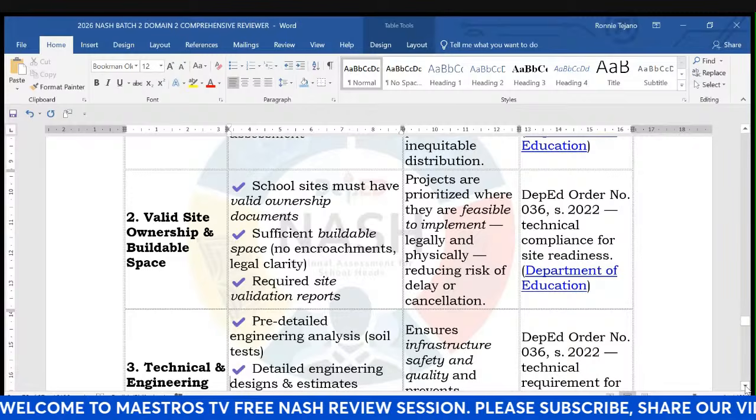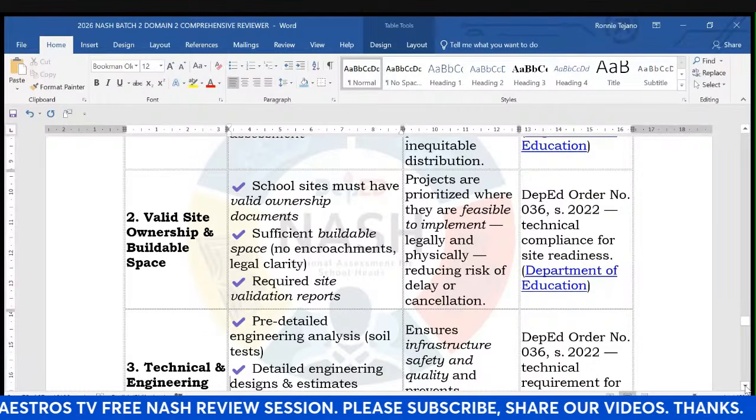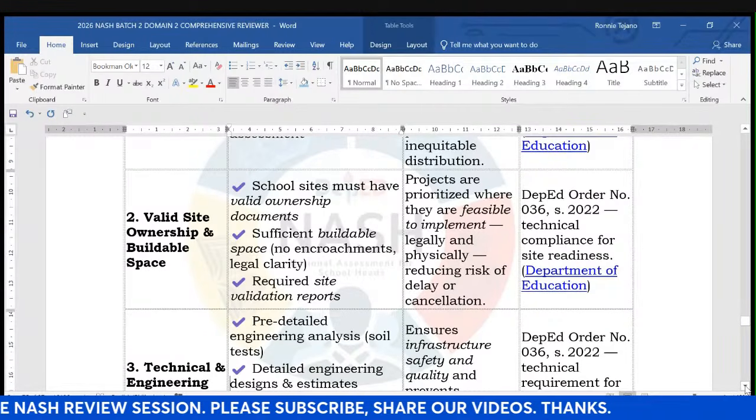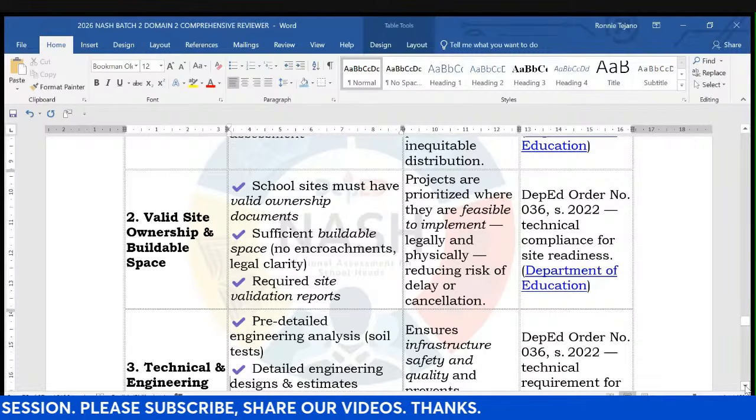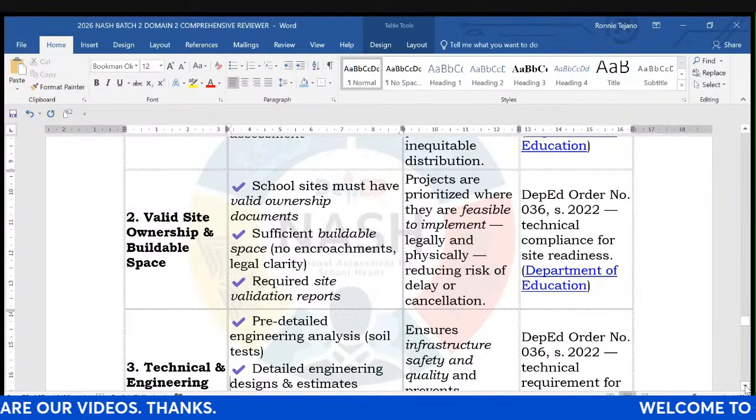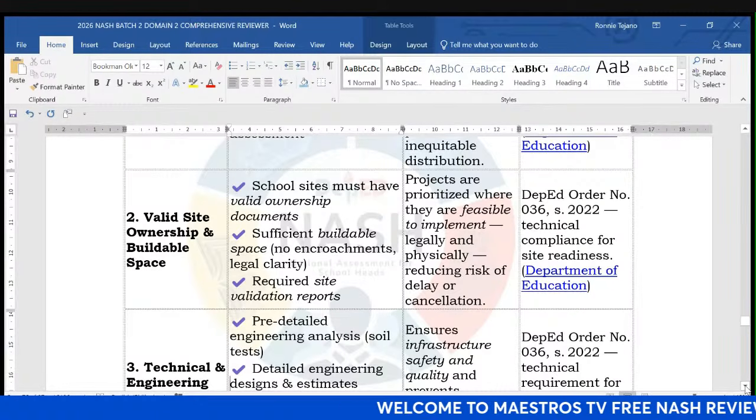Meron kang needs sa building pero sunod na tatanungin sa'yo, do you have an ownership of the school lot? Ako wala. No? Do you have a sufficient buildable space? Or no encroachments against private entity or legal clarity?